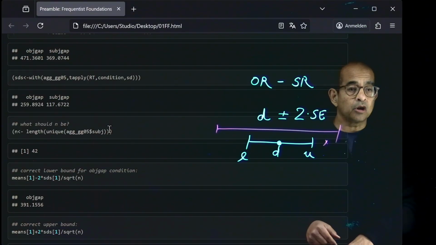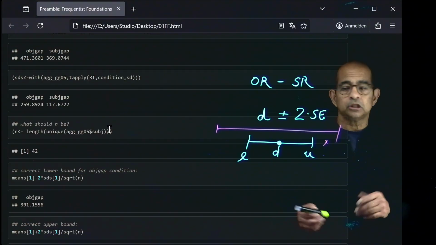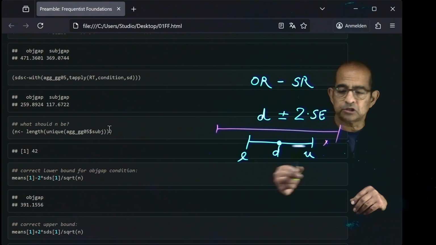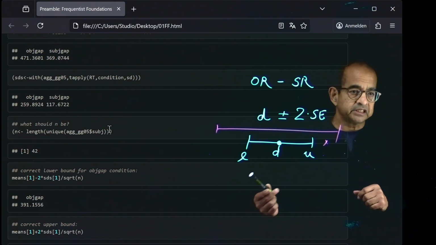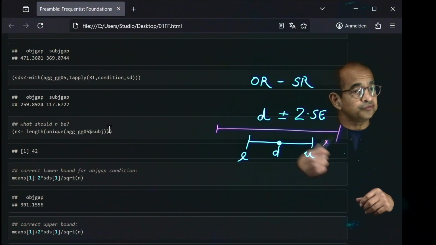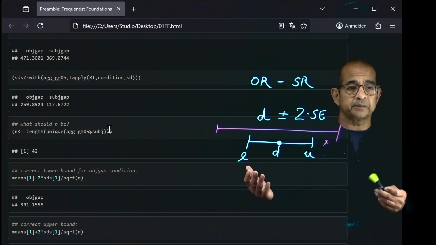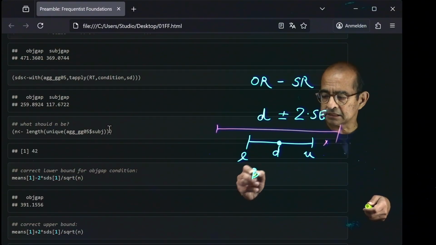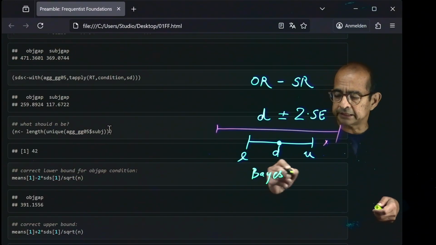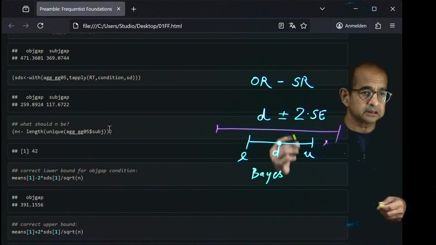Okay, so it would be wrong in general to claim that if 0 is not included in a Bayesian credible interval, then you have evidence against the null. In order to argue against the null or in favor of some hypothesis, you'll have to carry out a Bayes factor analysis, right, which I'll talk about later in the Bayesian course.